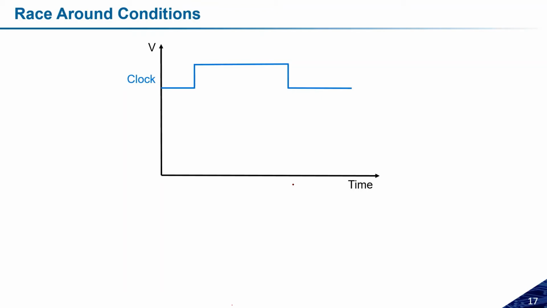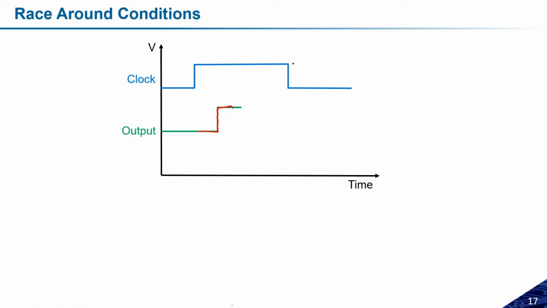Now suppose the clock is high, and in the RS flip-flop the output could be anything, either 0 or 1. A small change in the input can flip the logic, so the output can be different. So there is a probability that while the clock is high, the output changes from 0 to 1. This is one of the possibilities.